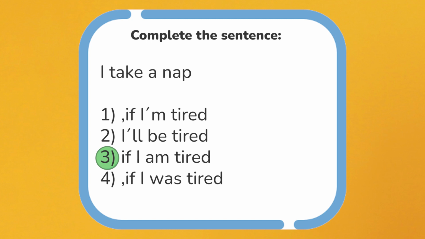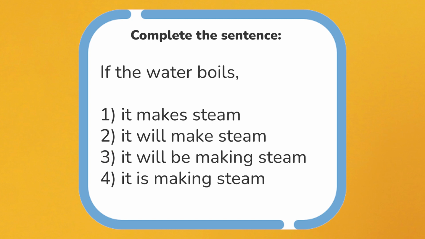Now be careful because I know a lot of people might say number 1, but take a look, there's a comma. We cannot use a comma if the result is first and the condition is second. We only use the comma if the condition is first and the result is second. So that is why our answer is number 3.